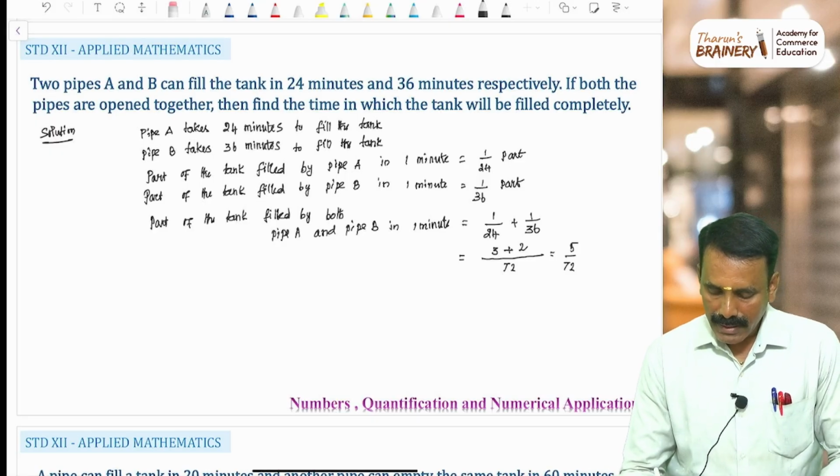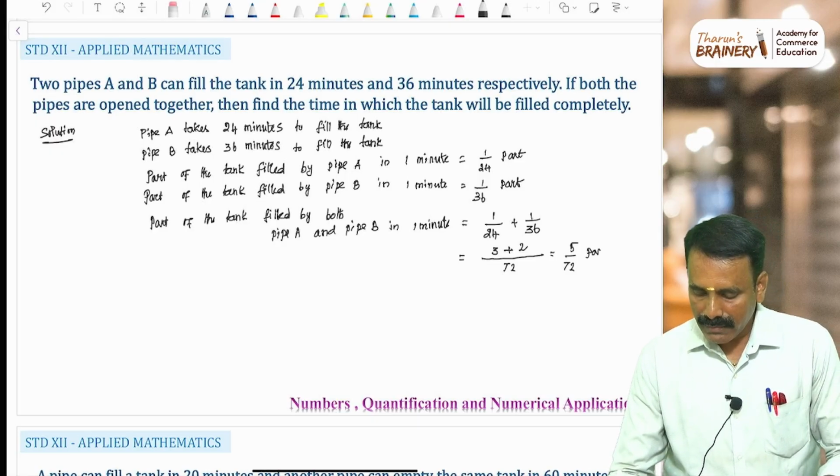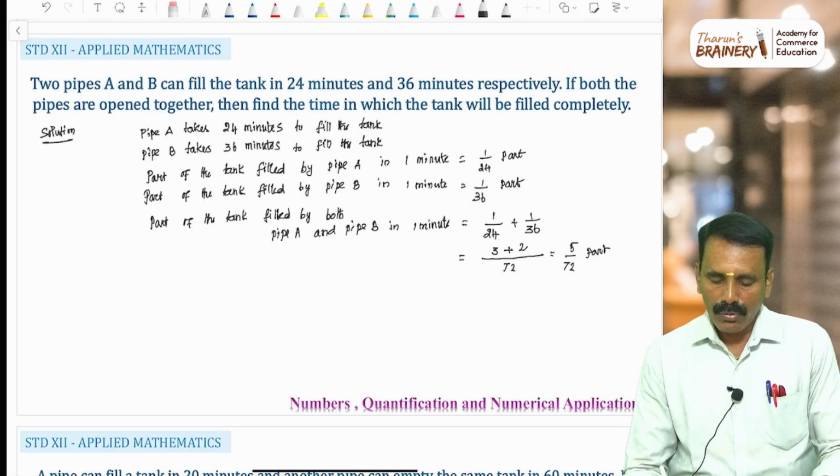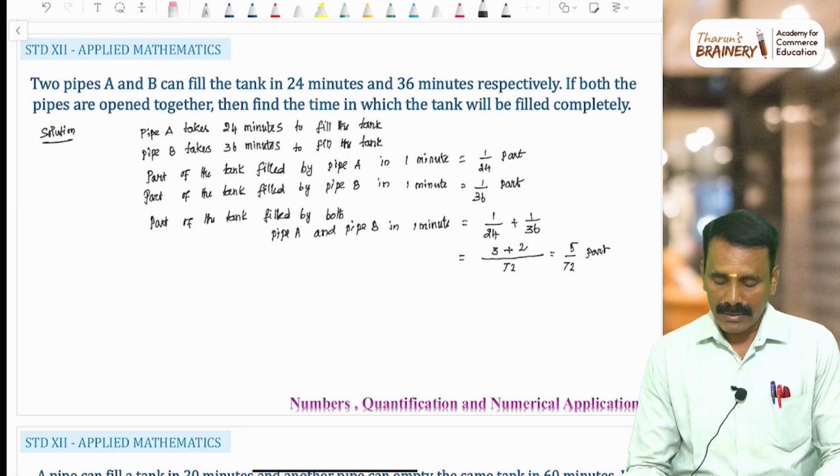So this is the part of the tank which is filled by both pipe A and pipe B in 1 minute.